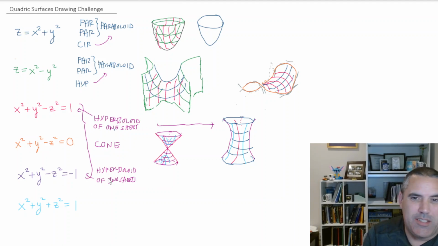Hyperboloid of two sheets, I always have trouble drawing that one. It just breaks apart. So from the sides, it looks like a hyperbola, like this. And then it's also going front and back like that. Maybe this does help me.